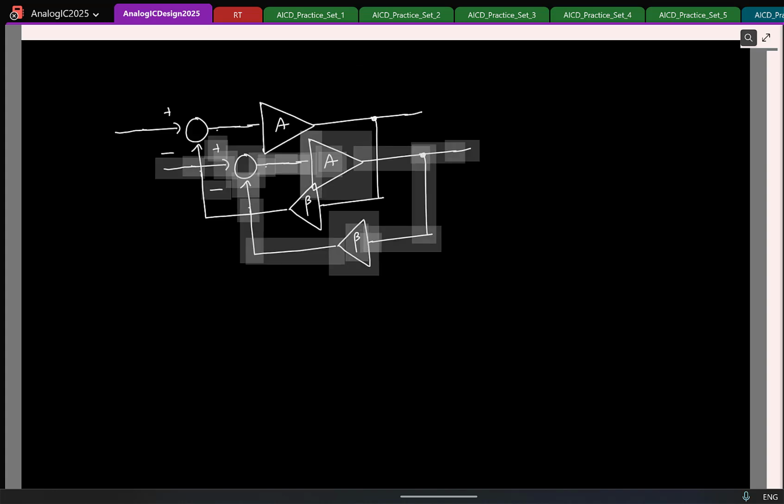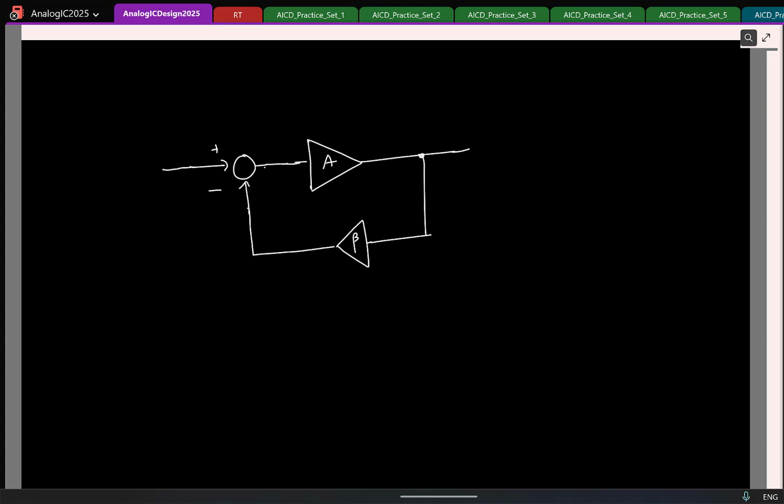Now please remember that the input output quantities in general can be any physical quantities. I can say xi and xo. Now in circuits, the quantities that we are interested in are voltage and current. So which means xi can either be voltage or current. Similarly, the output can be either voltage or current.